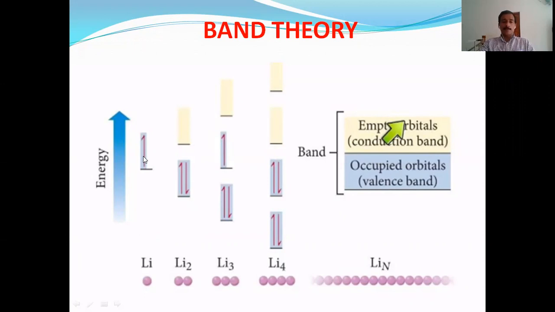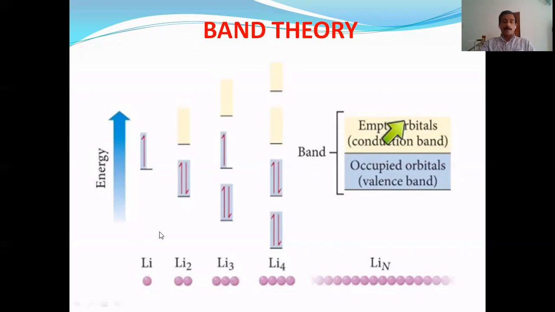With only one lithium, it is the atomic orbital. Li2: if there are two lithium atoms in a crystal lattice, we can consider only the outermost electron of lithium, 1s2, 2s1. Therefore, 2s is the outermost orbital.